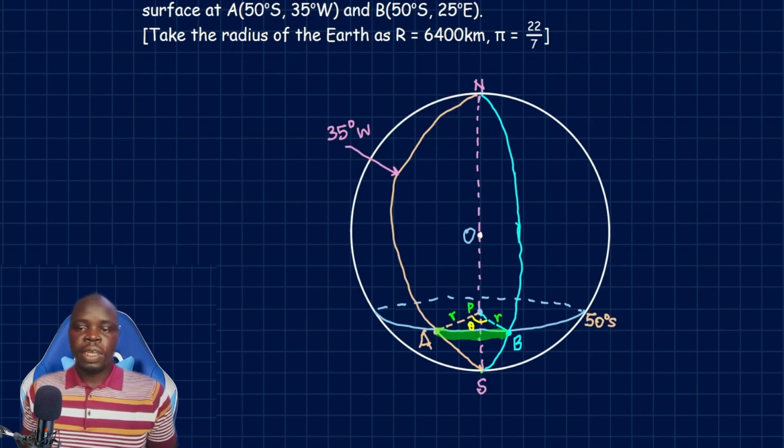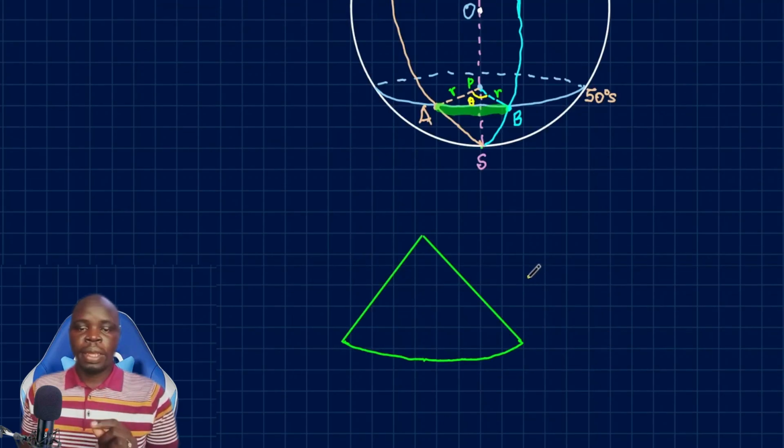So let's get more space in order to get the distance AB from this triangle A, B, and P. If this is our diagram we have just picked out from here, the center of this circle is P, and we have A on this side and B here.